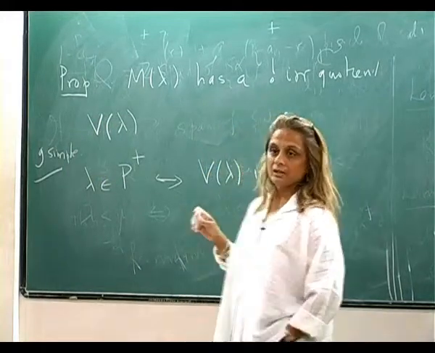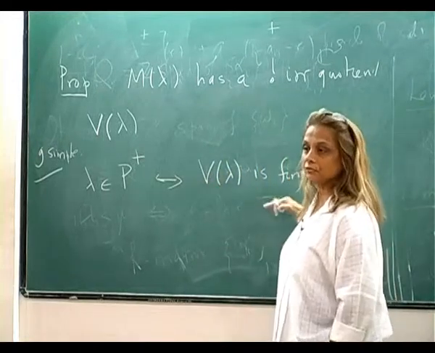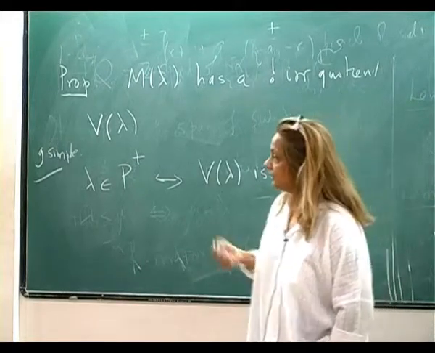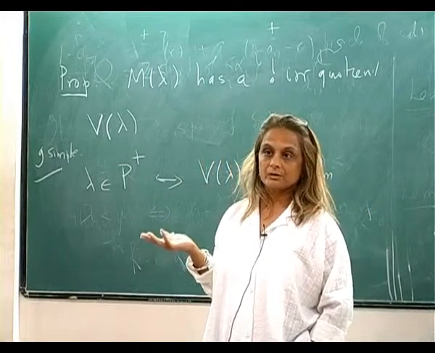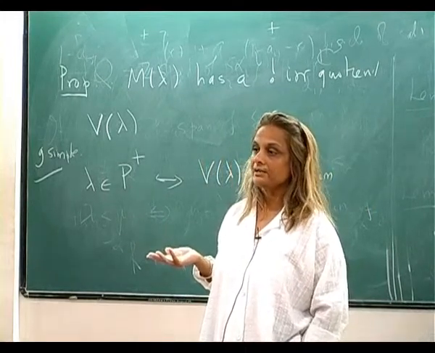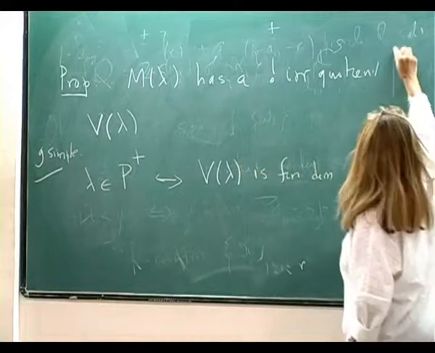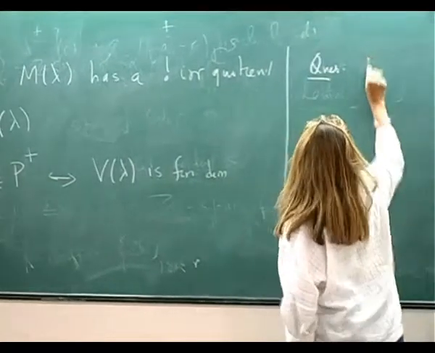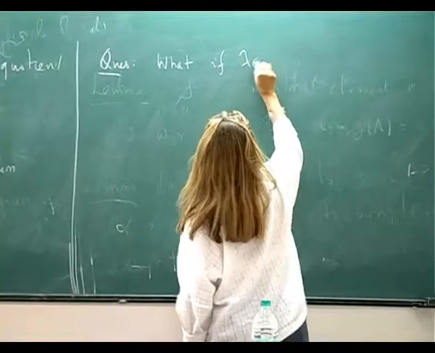So the principle is that if you take a dominant integral weight, something very interesting happens to the quotient. Then of course you want to ask, is some statement like this true for Kac-Moody algebras? If I take a dominant integral weight, is my representation somehow different and interesting? So then the natural question: what happens if lambda is in P plus for Kac-Moody algebras?